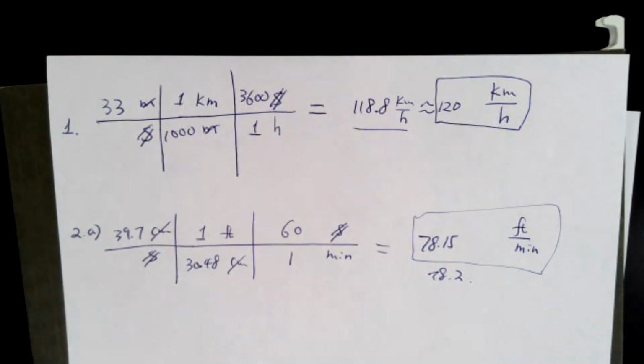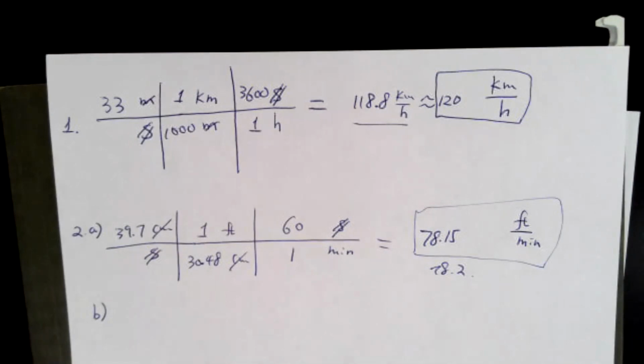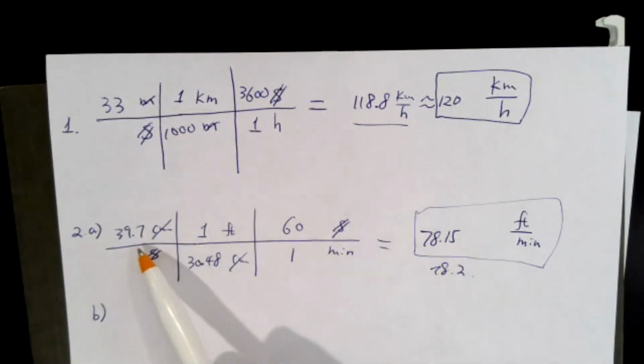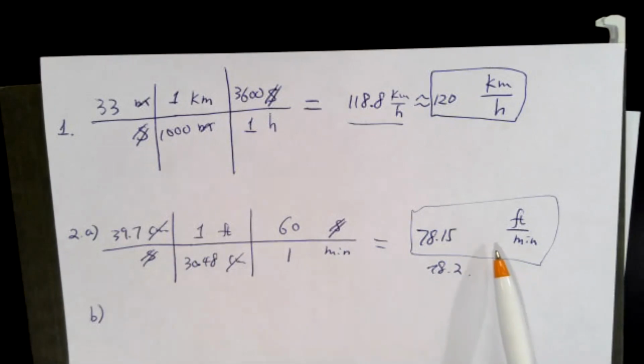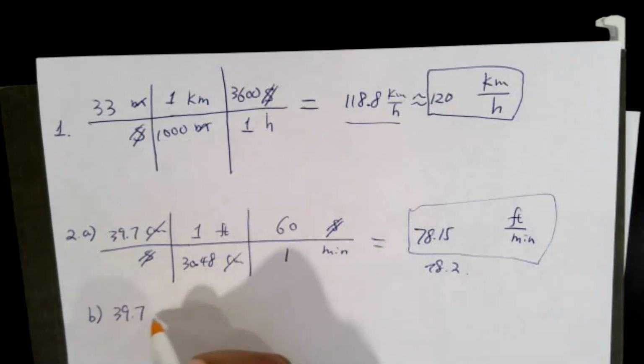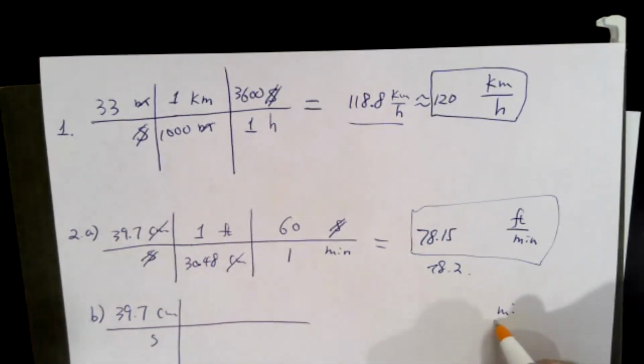And for part B, we will do it quickly as well. You can start with this one if you are confident with what you get, but it's always safe to start from this one. If you didn't get this one right, then you will not mess up the second one. So again, starting from 39.7 centimeters per second, your target is miles per hour.